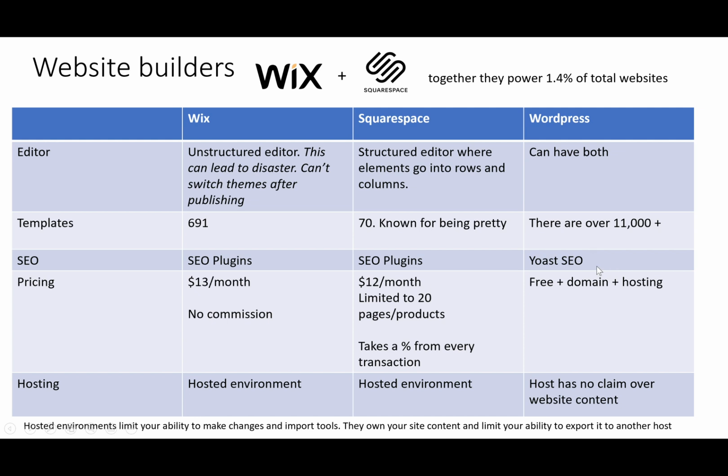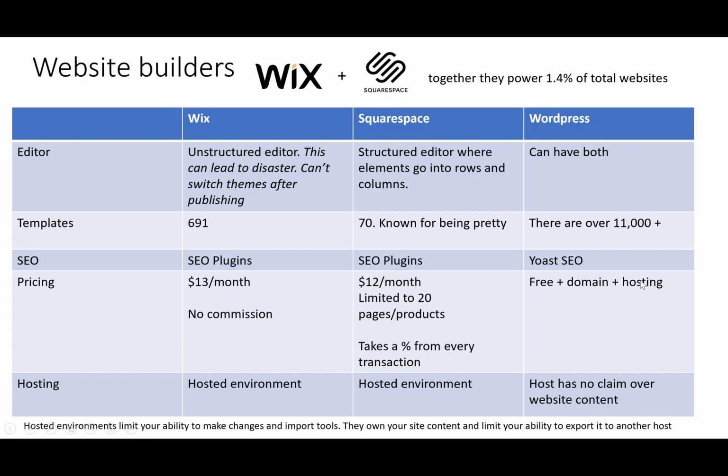The SEO plugin Yoast SEO has been proven to be one of, if not the best, SEO plugin out there. And regarding pricing, WordPress on its own is actually free. You have to buy the domain and you have to get the hosting for your WordPress site.